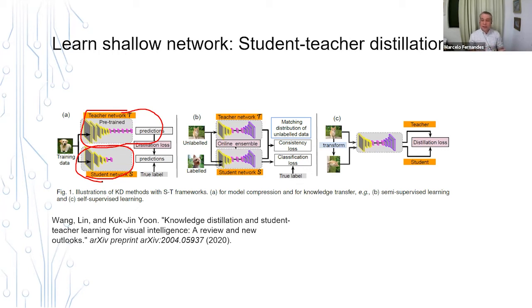And you can create a faster deep learning model because you have a small one.